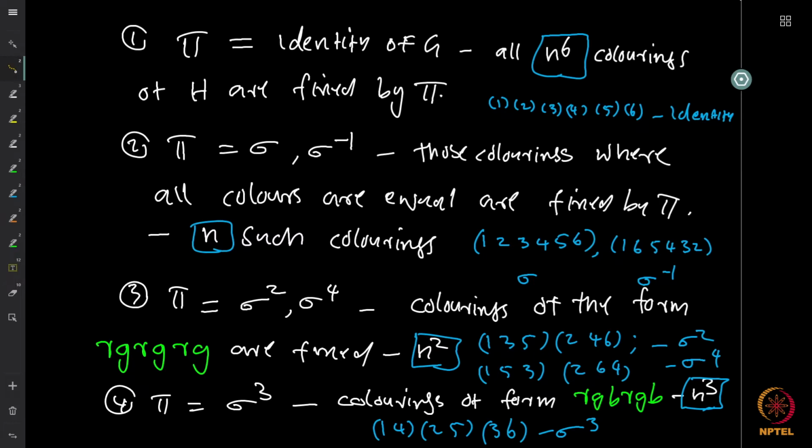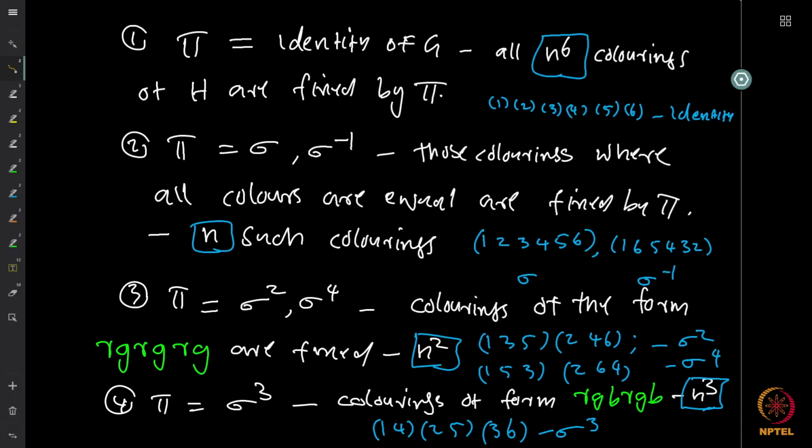Now, on the other hand, suppose we have the generator, let's say sigma, which is the rotation by one: 1 going to 2, 2 going to 3, 3 going to 4, 4 going to 5, 5 going to 6, and 6 going to 1, right? So if sigma is the generator, which kind of colorings does sigma fix? Because it is rotating the colors in a cyclic fashion, the two colorings are equal only if all the colors are the same, because the colors move around in a circle.